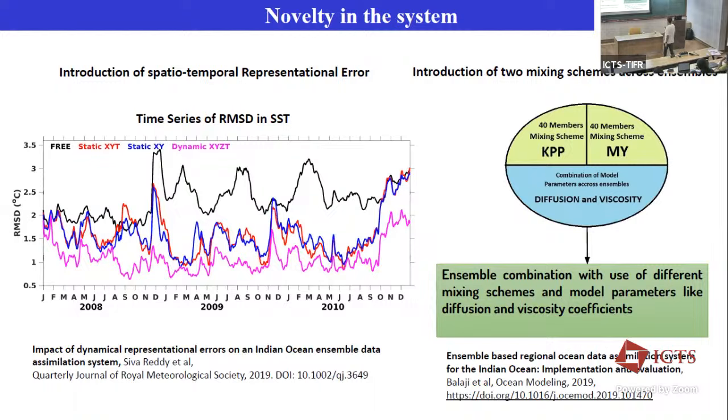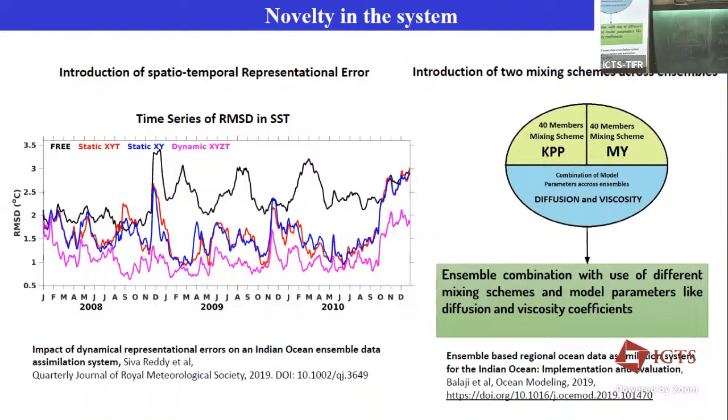The problem is that when you use two mixing schemes, your Gaussian or unimodal distribution becomes a bimodal distribution, because you are using two different mixing schemes.